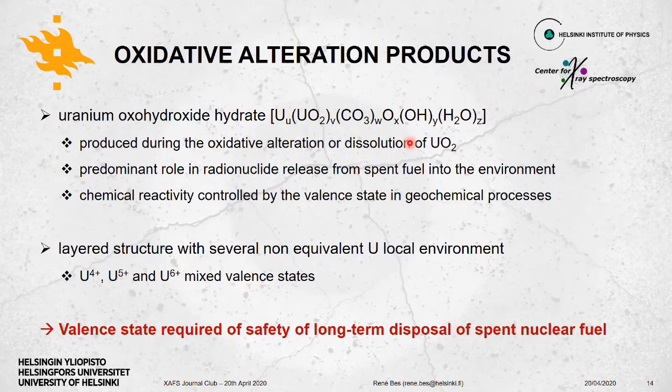Because if you stay in uranium 4+ state, most of the time the dissolution will be very slow, several orders of magnitude below that if you have uranium 6+ or 5+. So the release of the radio element inside the fuel itself will be very slow compared to the time of the disposal.